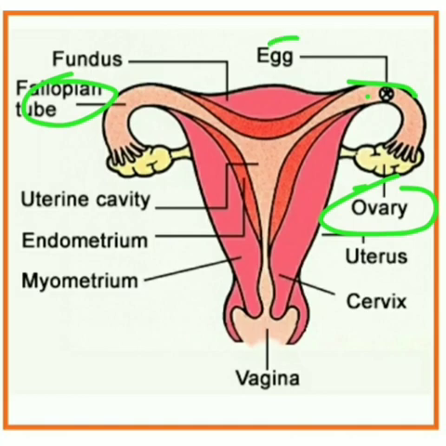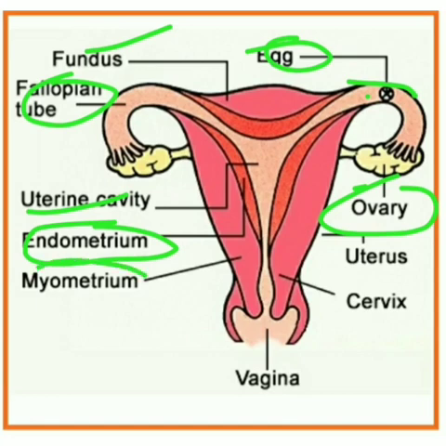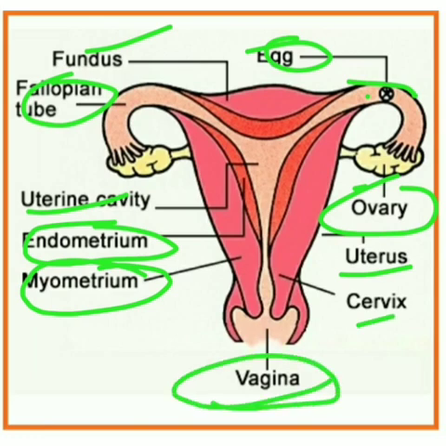You can see this one is egg, this one is fundus, uterine cavity, inside this one endometrium wall, myometrium wall, this one is uterus, the outer cervix, and last one vagina.